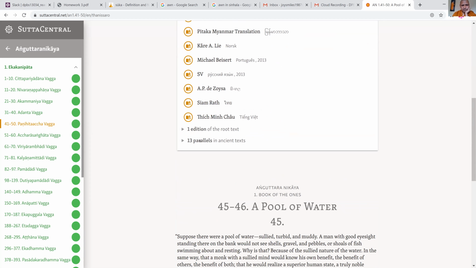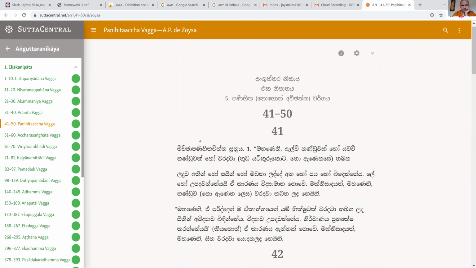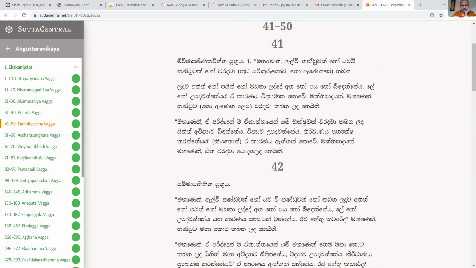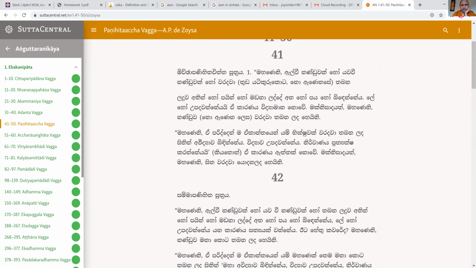There's a single translation, in Sinhala. Yavavi nanduako vardava. You know what it means.